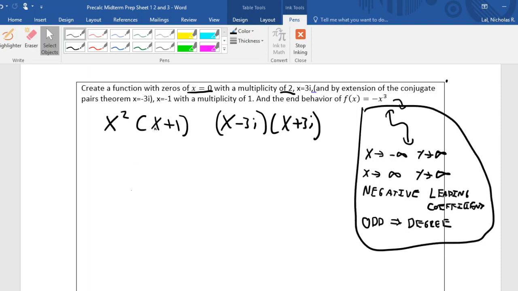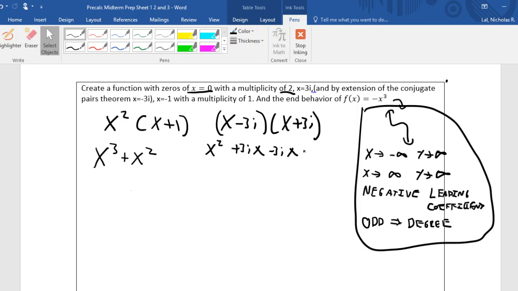So x squared times x plus 1 becomes x cubed plus x squared. And now we multiply x minus 3i times x plus 3i. This becomes x squared, x times 3i is plus 3ix, negative 3i times x is minus 3ix, negative 3i times positive 3i.